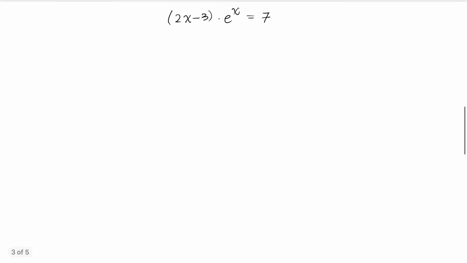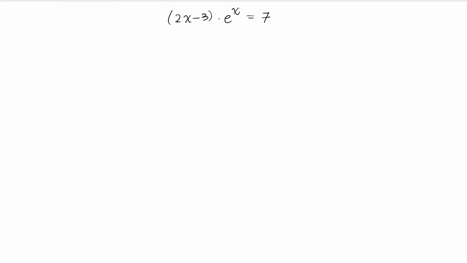Now let's move on to question 3, the third question here. And the idea here is that as we go, the questions become progressively more challenging. So here we have 2x minus 3 multiplied by e to the x, and that's equal to 7. So the first thing I'm going to do here is a substitution.